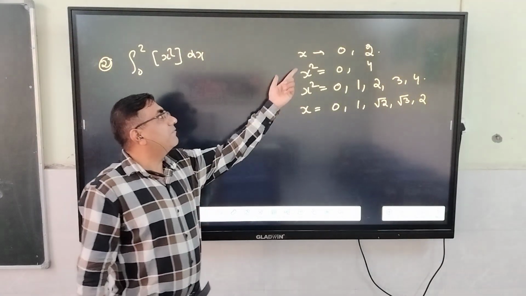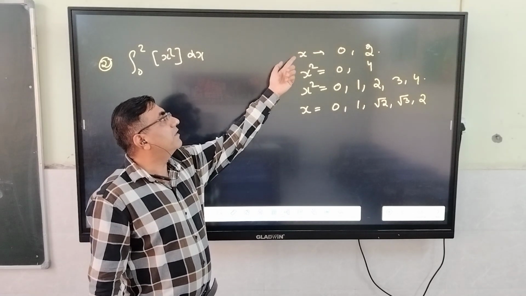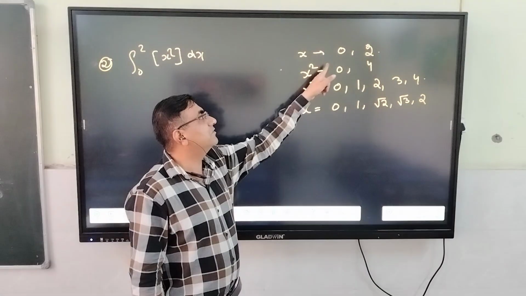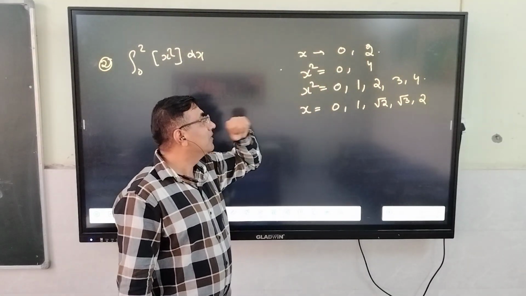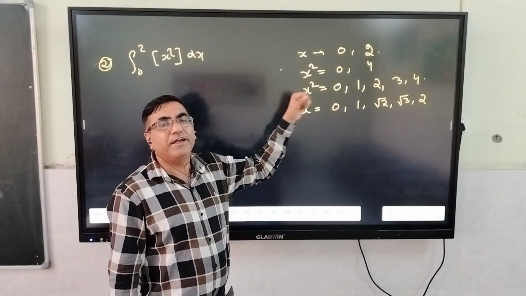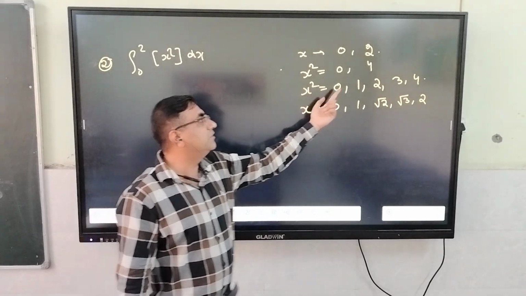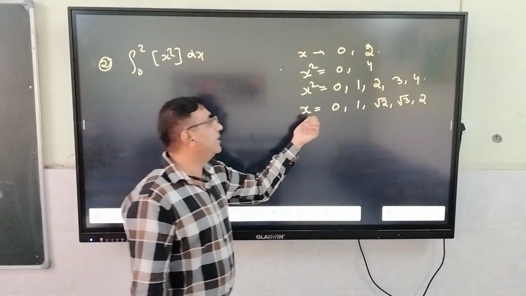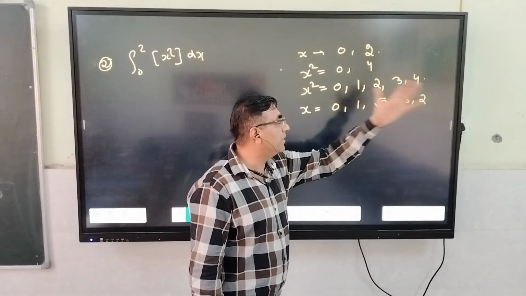First we take the limit with respect to x. 0 to 2 is here, x squared is equal to 0 to 4, and we find the integers between 0 to 4: 0, 1, 2, 3, 4, and after that we again find the value of x: 0, 1, root 2, root 3, 2.